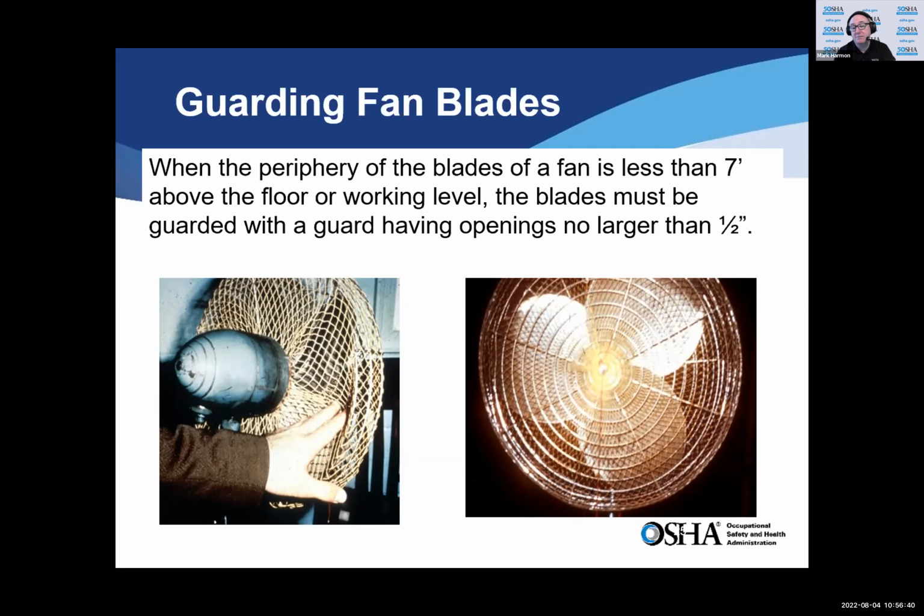Some of these old fans that we see in the factories don't have the best guarding on them, because they may be old, or not intended for industrial use. But the idea is to protect the worker, so you can't be hit by the rotating parts.